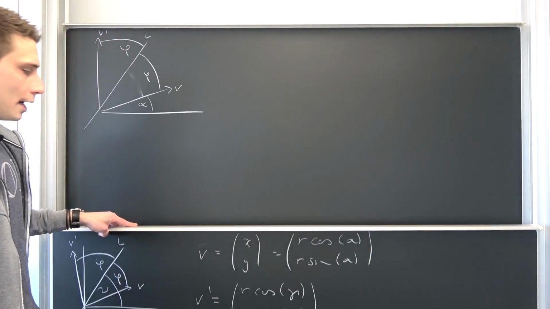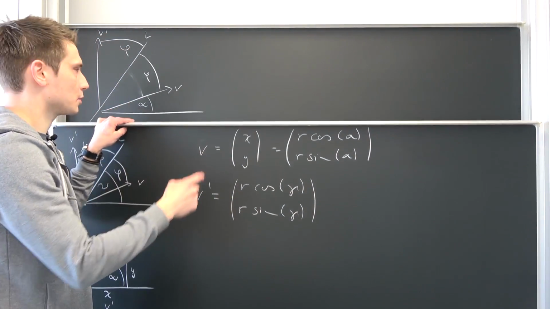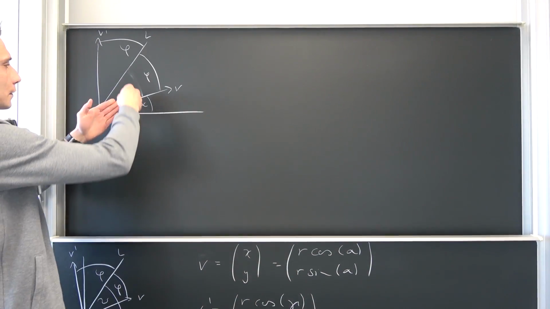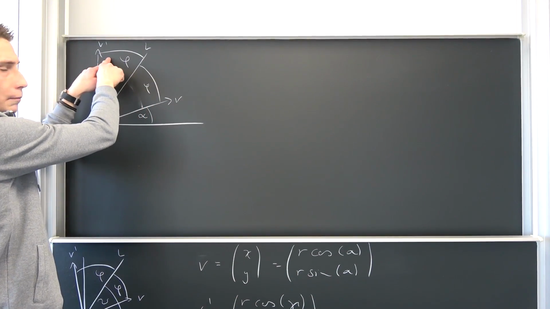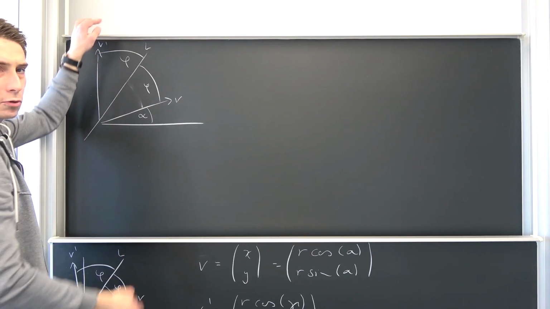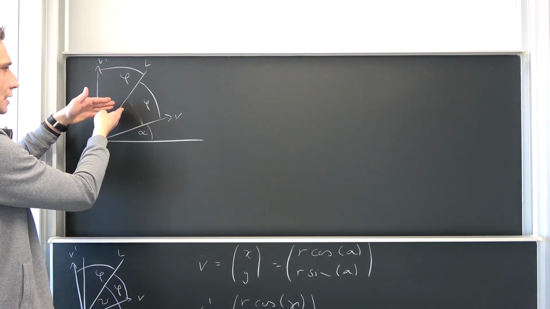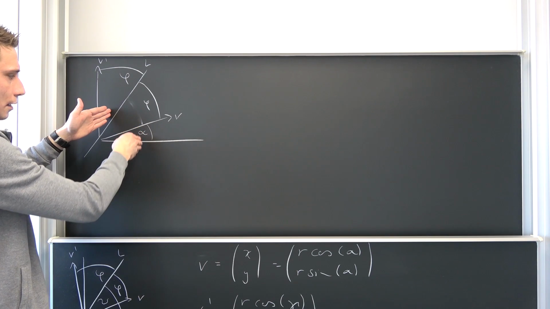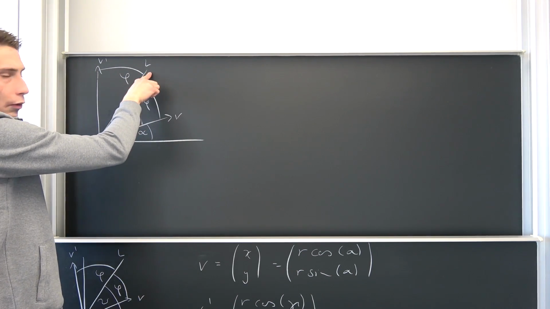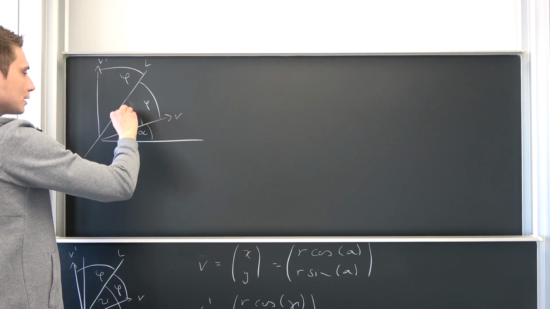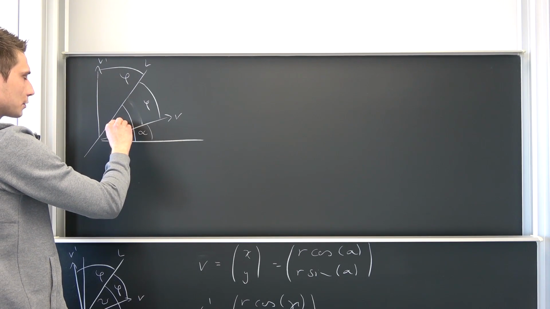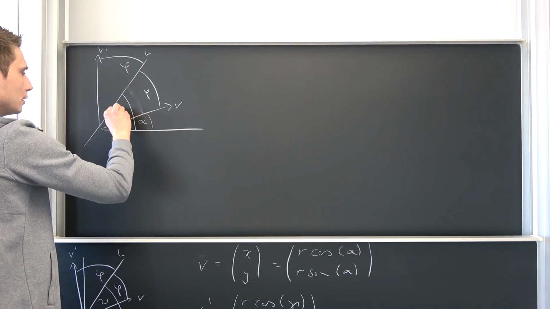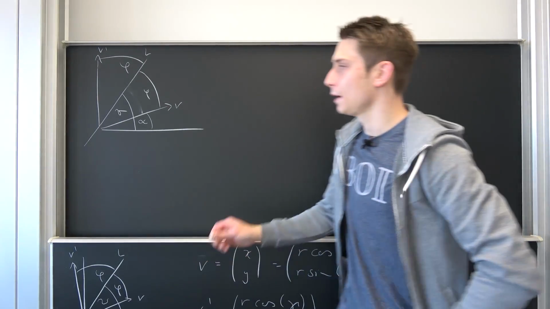Like I said, our reflection matrix is going to tell us exactly where our reflected vector v prime is going to be after we've applied this line right here, having a certain angle between our L line and our x-axis. Let's call this angle theta, for example.